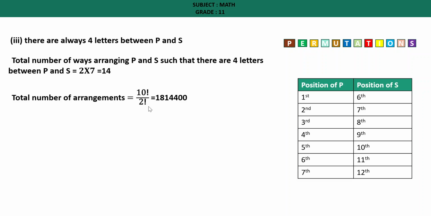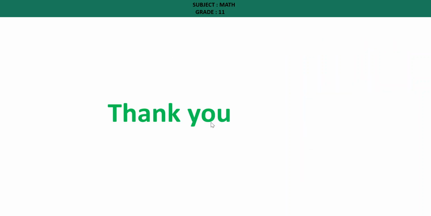Therefore 10 factorial divided by 2 factorial. Here this 2 is because T is repeating here. Therefore we are going to get 14 into 18,14,400. That is 2 crores 54 lakhs 1,600. Thank you.